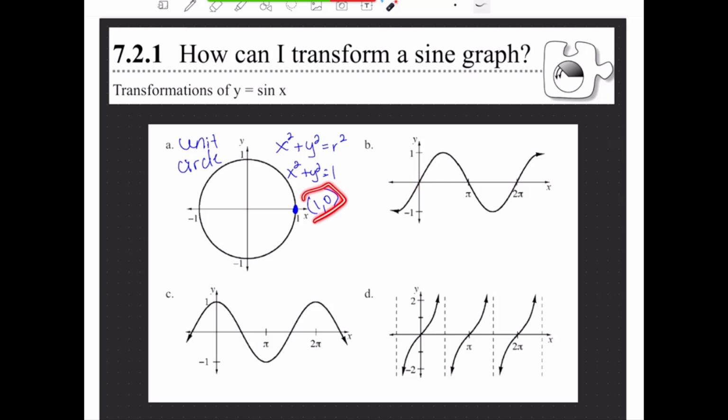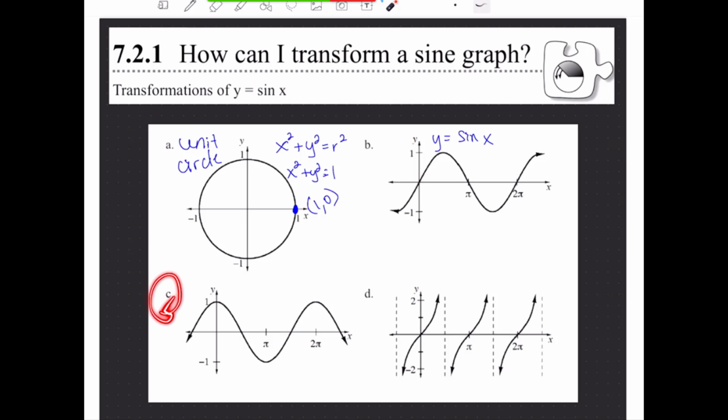So on ours, at that point, which one is 0, x or y? Y. And is sine or cosine our y values? Sine, yep. So this is y equals sine of x.